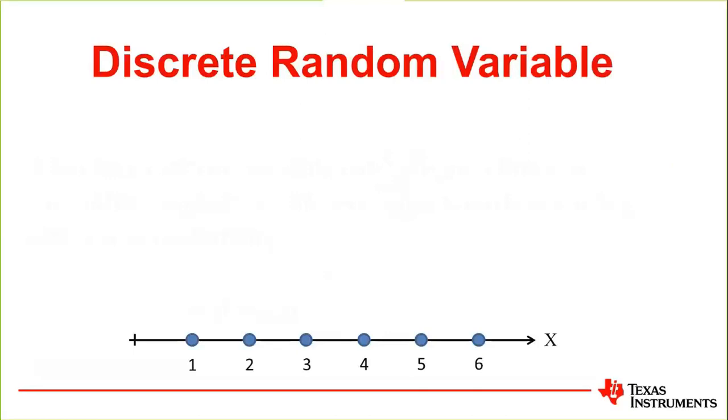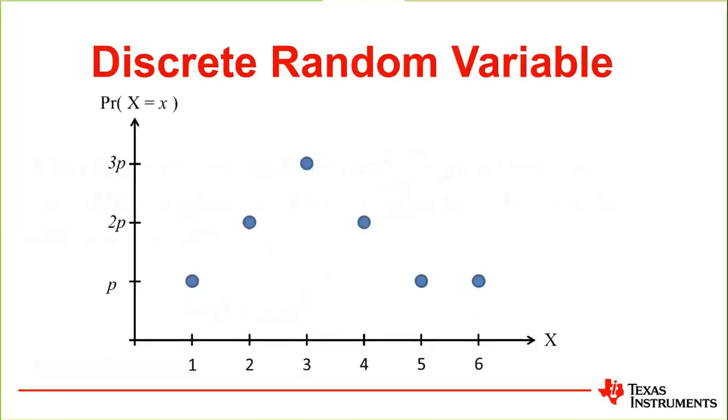So let's suppose X is our random variable, and we say it could take on the values from 1 through to 6. Each one occurs with some probability. Now I've just put the probabilities on the side there, p, 2p, 3p, whatever those values are.